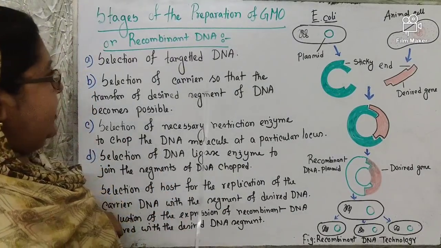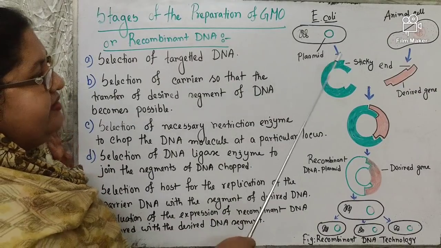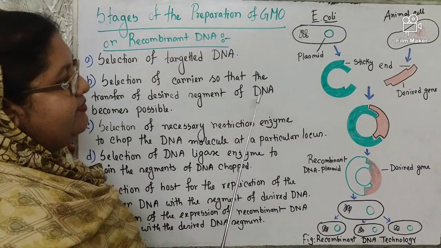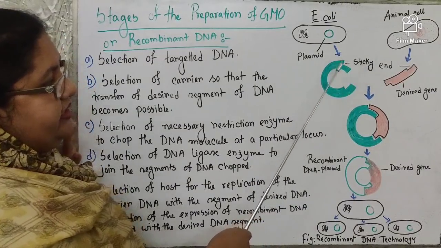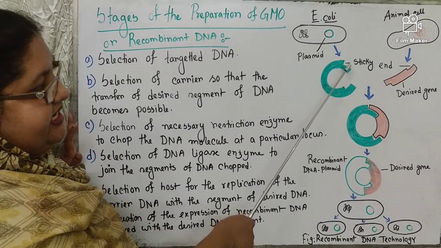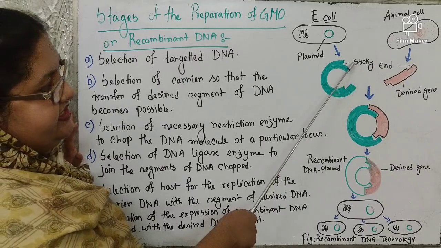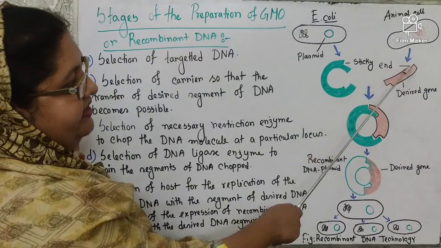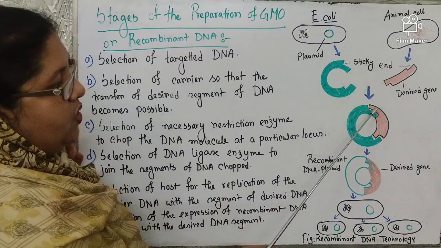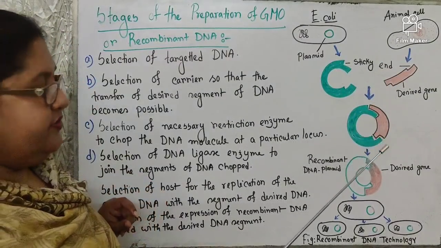So, when we use this restriction enzyme, it will help to chop the DNA molecules at a particular end. These ends are known as sticky ends. This is the sticky ends. These sticky ends will connect or fix with each other. Okay.